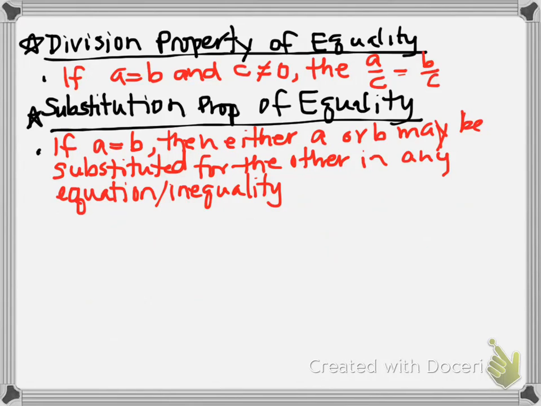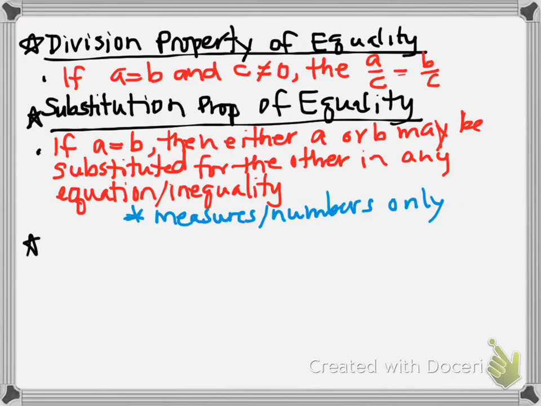It doesn't deal with objects. That's going to come into play when we're doing our proofs. This property will not be allowed to be used anytime we substitute something in because it depends on what the substitution problem looks like. All right, another one is the reflexive property.